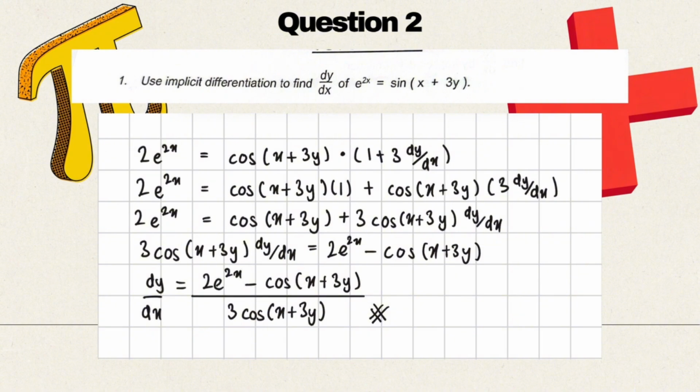Next, we move cos(x plus 3y) to the other side, so it will be 3 cos(x plus 3y) dy/dx equals 2e to the power of 2x minus cos(x plus 3y). So, we move 3 cos(x plus 3y) to the right side, so it will be dy/dx equals (2e to the power of 2x minus cos(x plus 3y)) over 3 cos(x plus 3y). And that is the final answer for question 2.